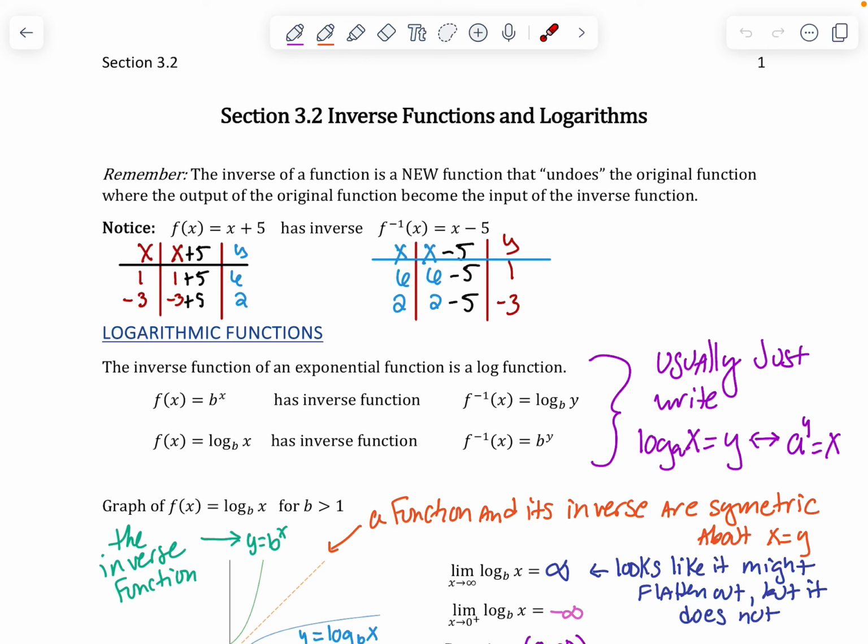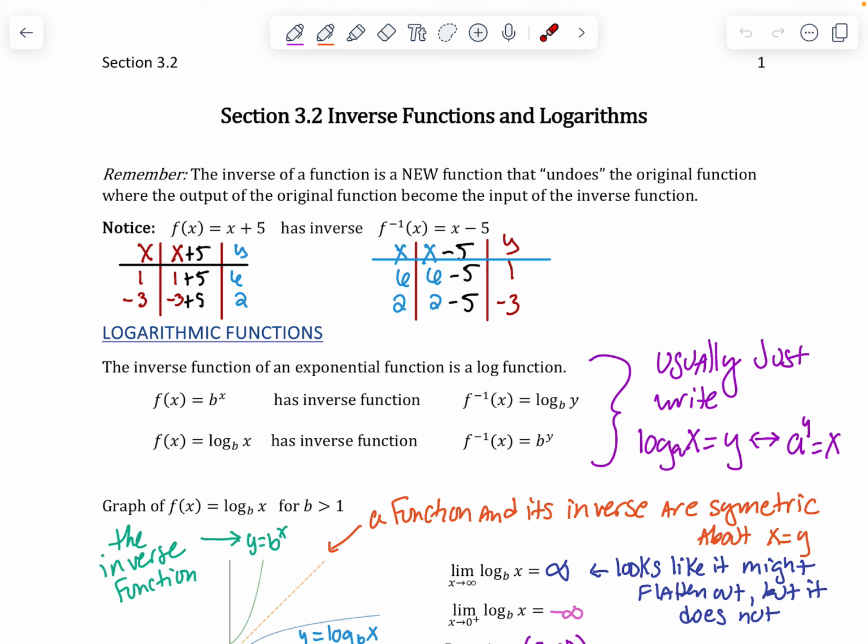Section 3.2, page 1. Now we're going to look at inverse functions and specifically logarithms. If you remember, the inverse of a function is a new function itself, and it's undoing the original function. For example, the function f of x equals x plus 5 is undone by the inverse function x minus 5.